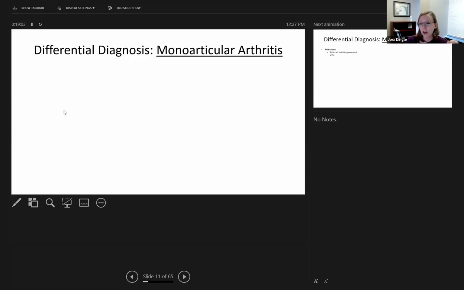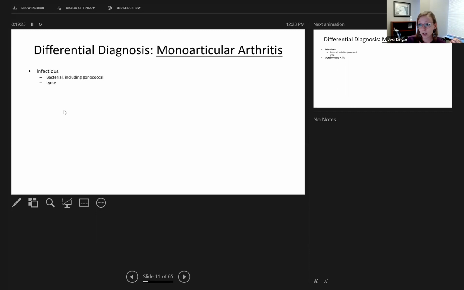So within those, I'll break it down a little bit more into the differential. And again, if we were in person, I'd have you guys throw these out at me, but I'll just go through them to help jog your memory. So infectious causes can be bacterial, your common strep, staph. I'm not going to go through all of these for you today.